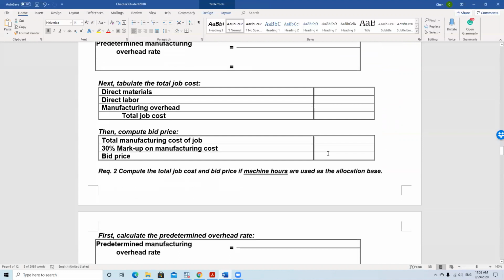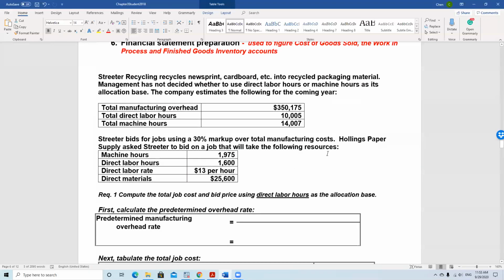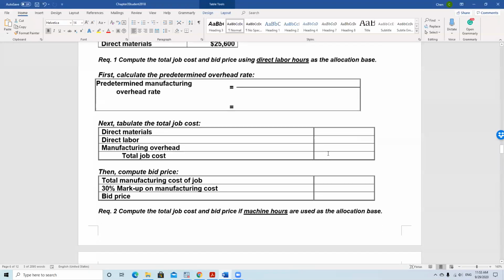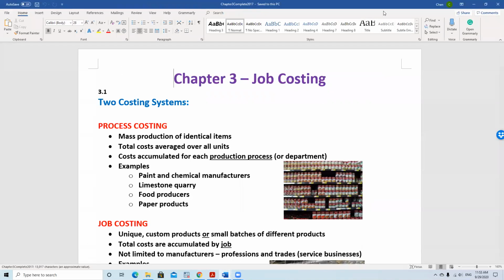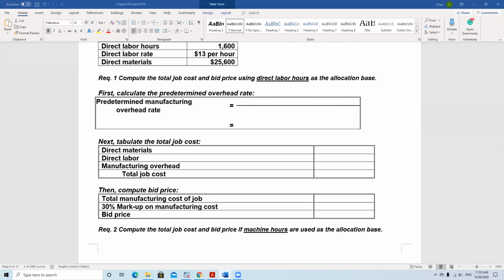Okay, this is a similar example that we did before. I don't want to go all through this example again, since it's very, very similar, but let me skip all these questions and then go to total manufacturing job is here.